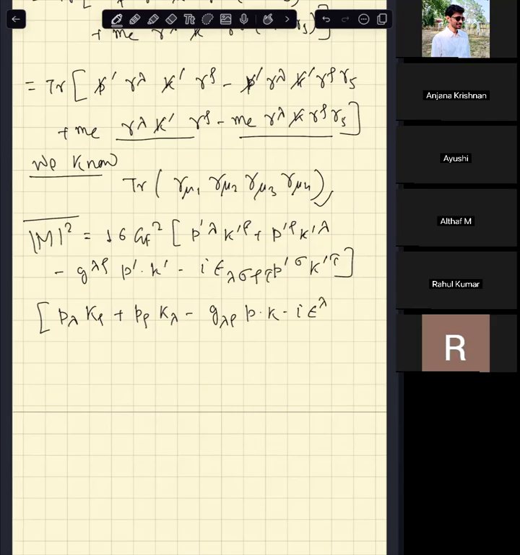lambda nu rho. Let me check. Yeah, so I should better write it down the other way around because these are all above indices.